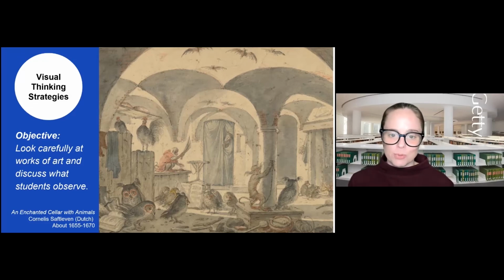I will share this approach using this drawing from the Getty collection called An Enchanted Cellar with Animals. The drawing depicts a Dutch kitchen from the 17th century, and it's filled with animals that I think all look like they're up to something. And I've discussed this drawing with students before and gotten some really interesting ideas.